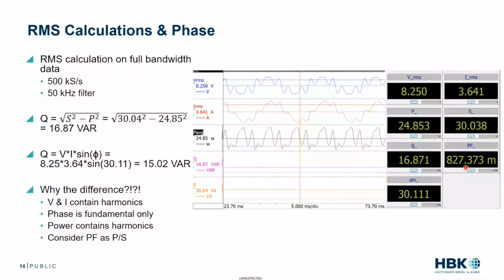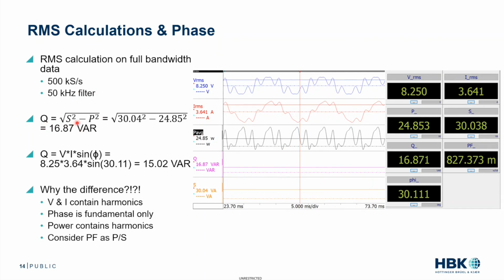Now, getting into RMS and reactive power elements of this, we take the same voltage, the same current, but now we do our RMS calculations and we see VRMS, IRMS. We do our power calculations: reactive power, apparent power, power factor. In this example, I think it was a 50 kilosample sample rate, 50 kilohertz filter.